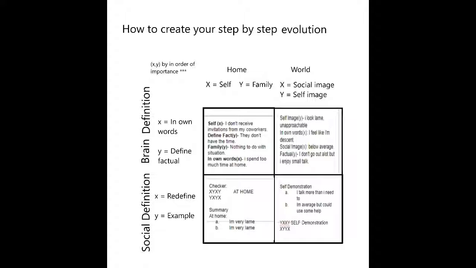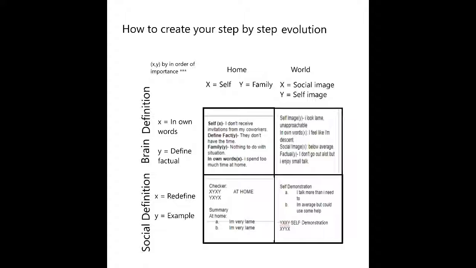For XYYX, X being social image, I look lame, unapproachable. Y, self-image, my bad. Define factual based on I look lame, unapproachable. People don't want to talk to me. That's a fact. Using Y, self-image.